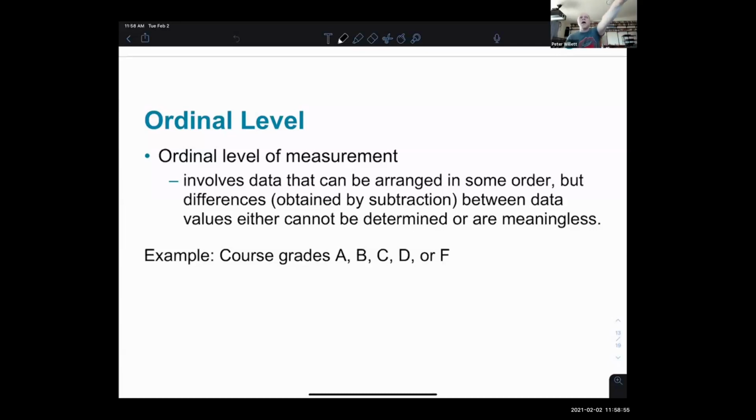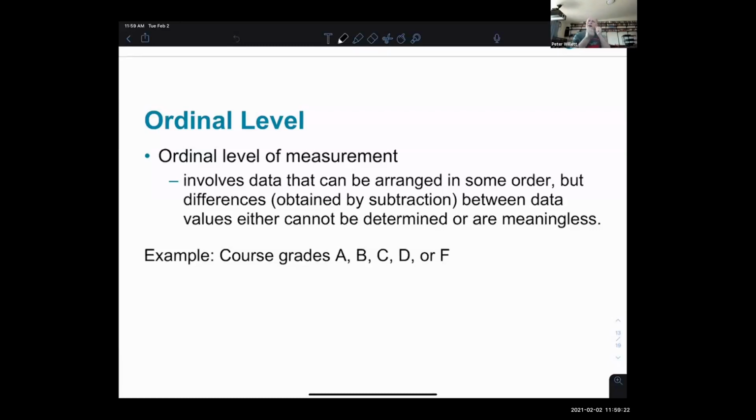And that's what they're trying to get at when they say that the differences between data values can't be determined or are meaningless. So in this case, if you have labels that can be ordered like letter grades, well, then the differences are meaningless because you can't subtract an A from a B. Subtraction is a process used on numbers, but they're specifically pointing that out because it can get more confusing when you have numerical data that are actual numbers.